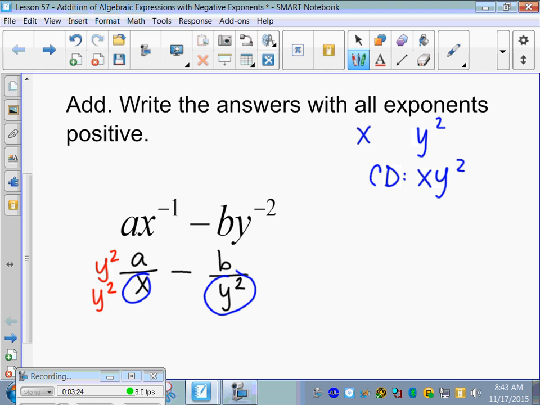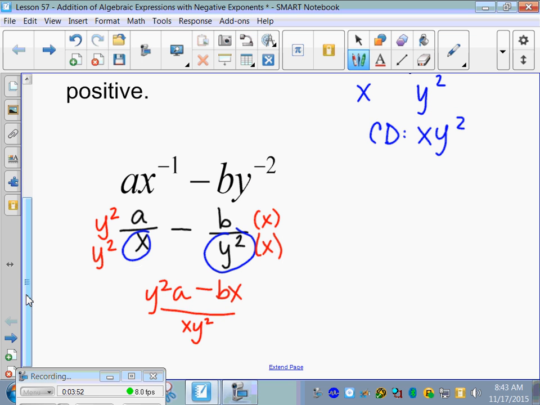Second piece, y squared on the bottom, I'm going to multiply it by x over x to get that common denominator. So y squared times a is just going to be y squared a. B times x, I'm going to have minus bx over xy squared. And that's it.